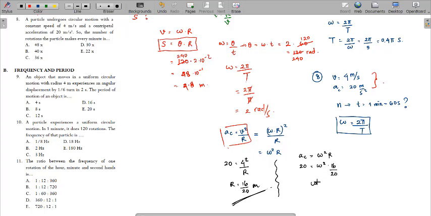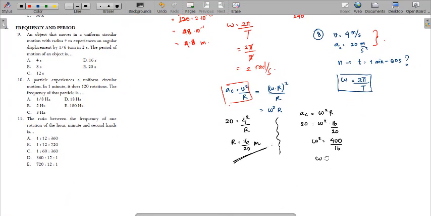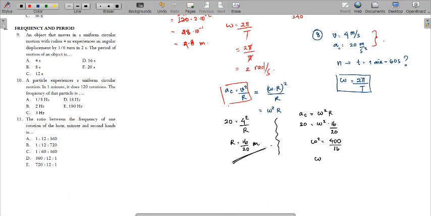Changing place, omega square equals 400 divided by 16. So omega is the root of 400 divided by 16. Root of 400 is 20. Root of 16 is 4. So the result is 5 radian per second.